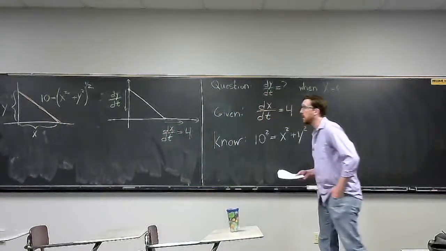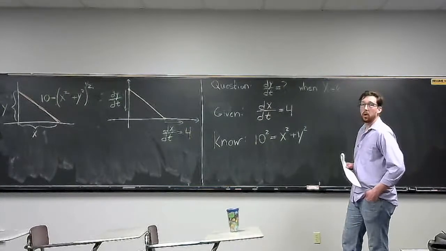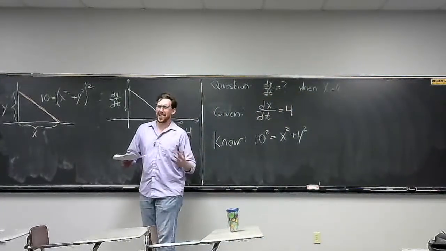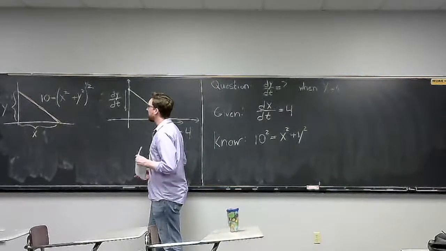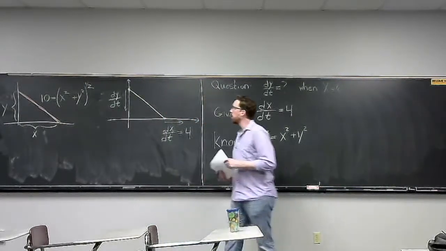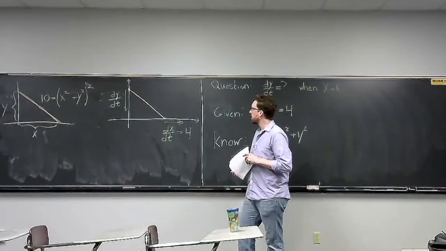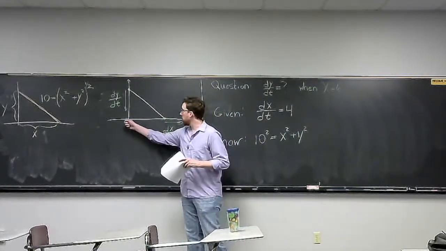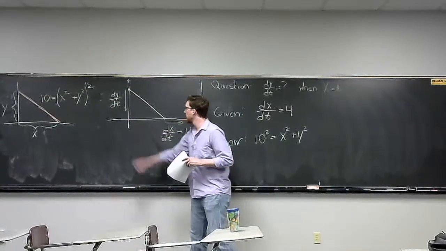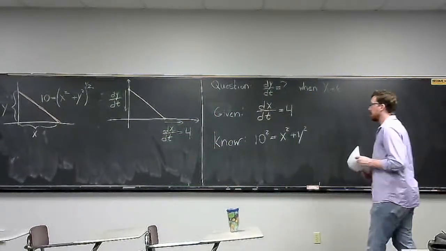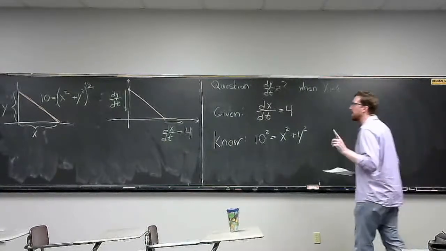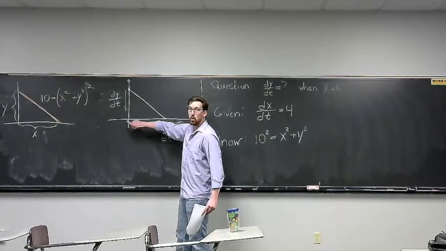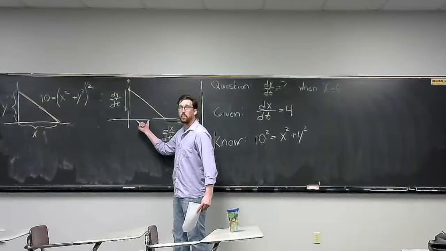The question is, given that you have a ladder that is 10 feet long, resting up against a wall, and that the rate at which the bottom of the ladder moves away from the corner of the wall on the floor is 4 feet per second, how fast is the top of the ladder moving down when the bottom of the ladder is 6 feet away from the wall?